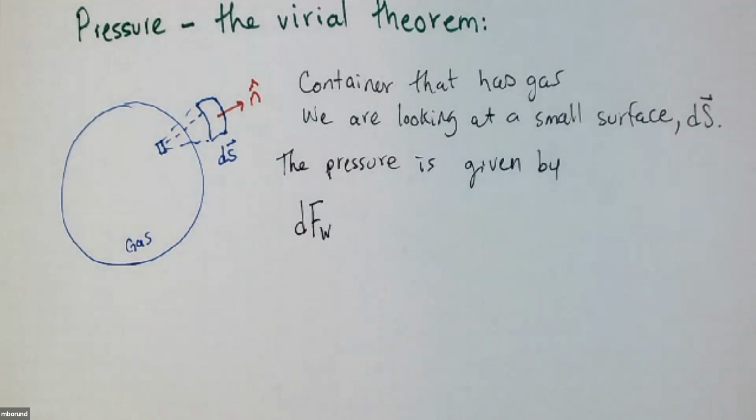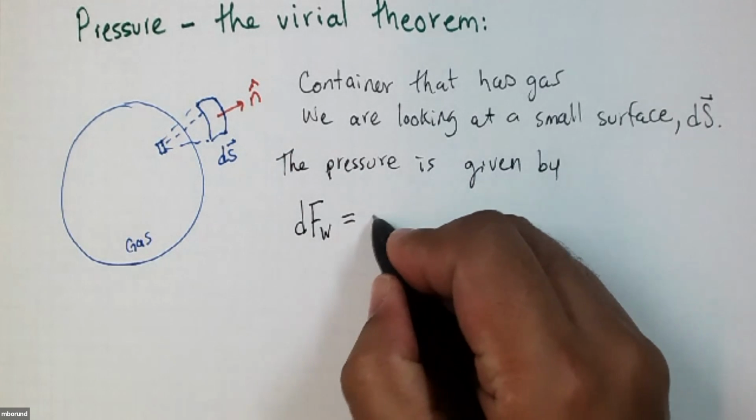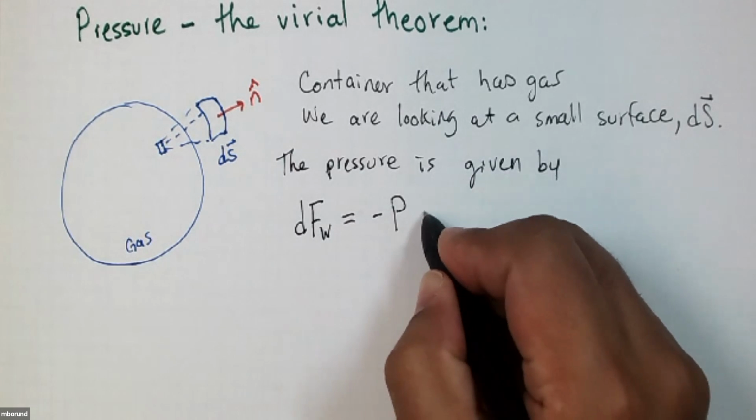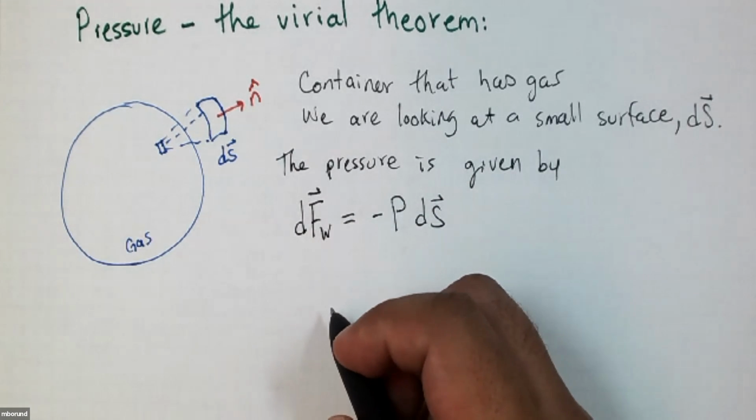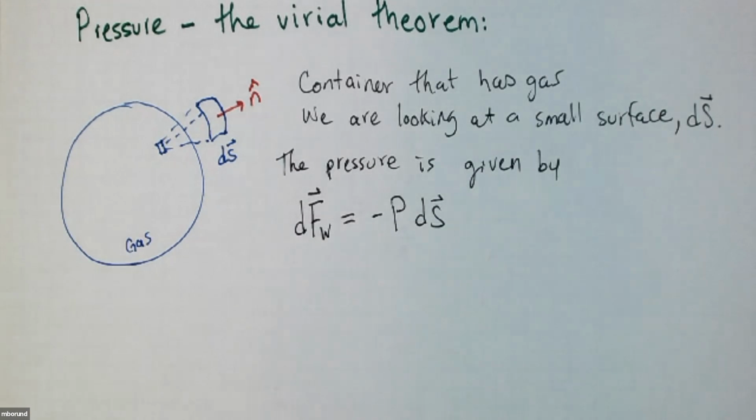The differential force is equal to the negative of the pressure times this dS. Questions? Maybe you've seen this formula before, right? But this is what we're after, the pressure right here.